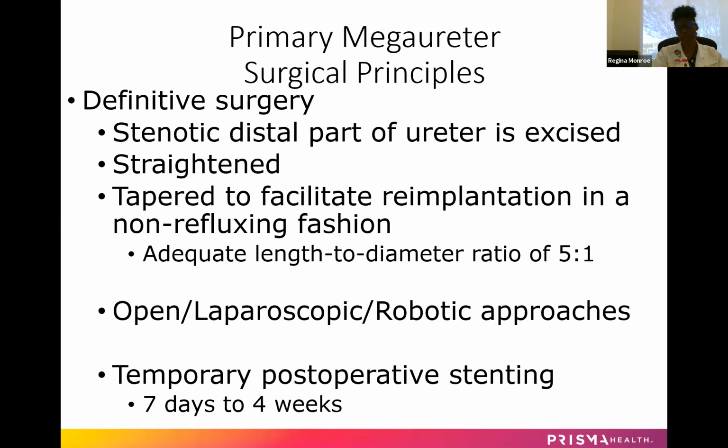You want to taper the ureter so that you can put it in the bladder and create a tunnel that won't be refluxing. That's why we choose those 8 and 10 French catheters, because typically you can get the ureter small enough that you can then create an anti-refluxing tunnel.